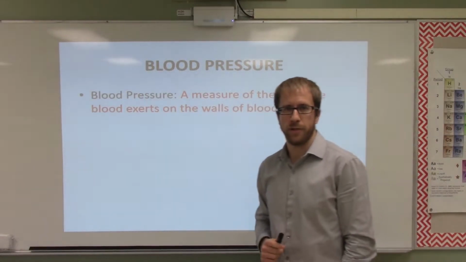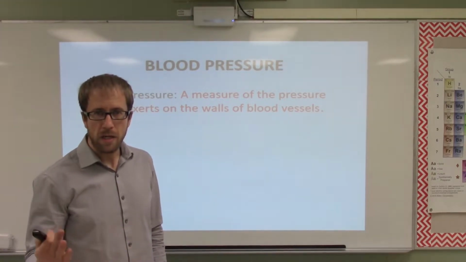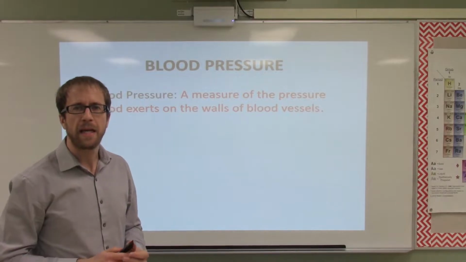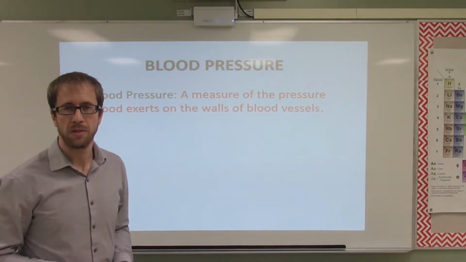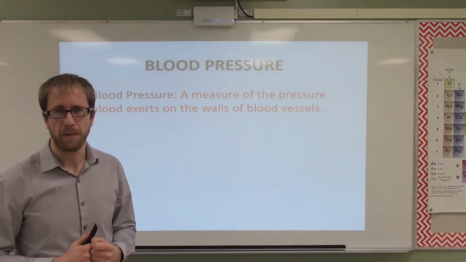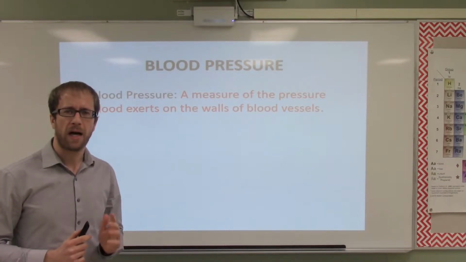Now, blood pressure. Blood pressure is a good thing to measure for doctors because it can give some indications of health issues. Where do you think blood pressure is the highest in your body? Think about it for a second. Where is blood pressure the highest?